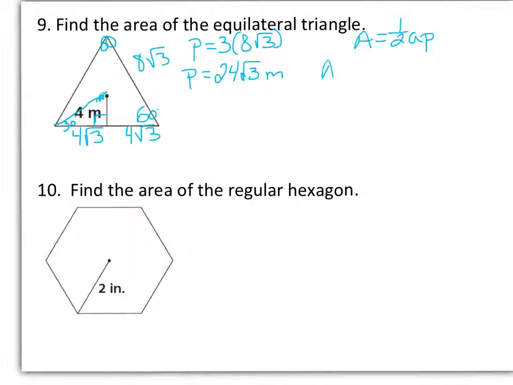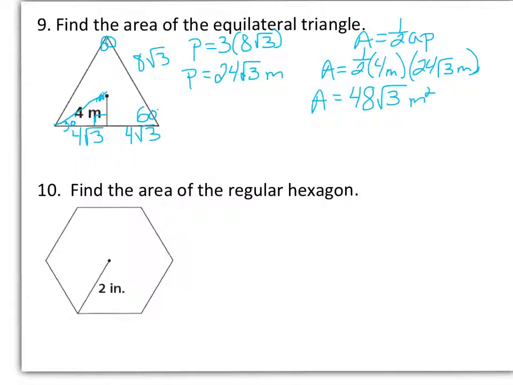Then to find area, we'll take 1/2 times 4 meters times 24 square root 3 meters. So our area is equal to 48 square root 3 meters squared. And we'll leave that one in radical form, but you could use your calculator to round if you needed to.